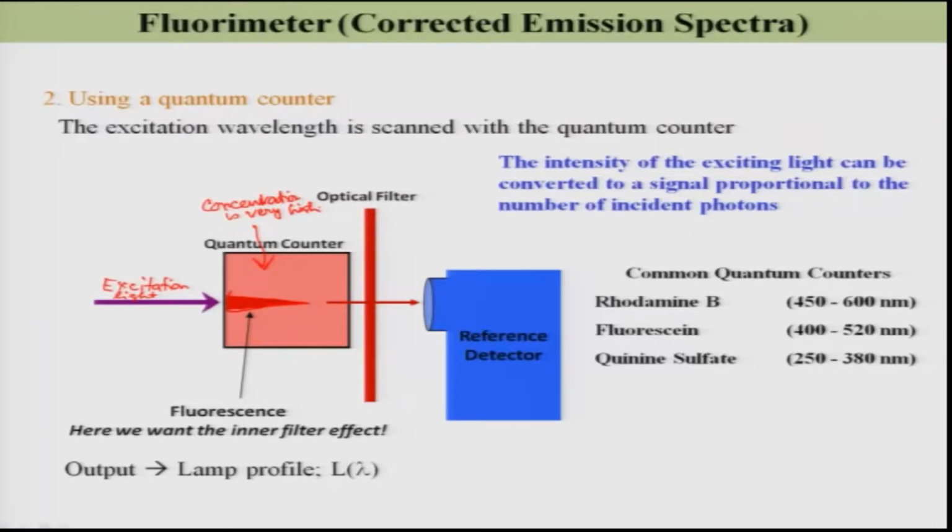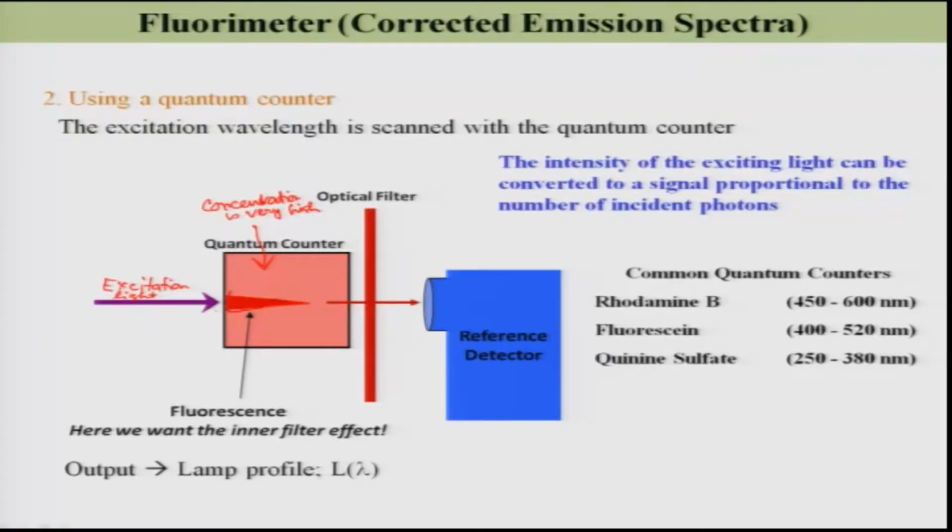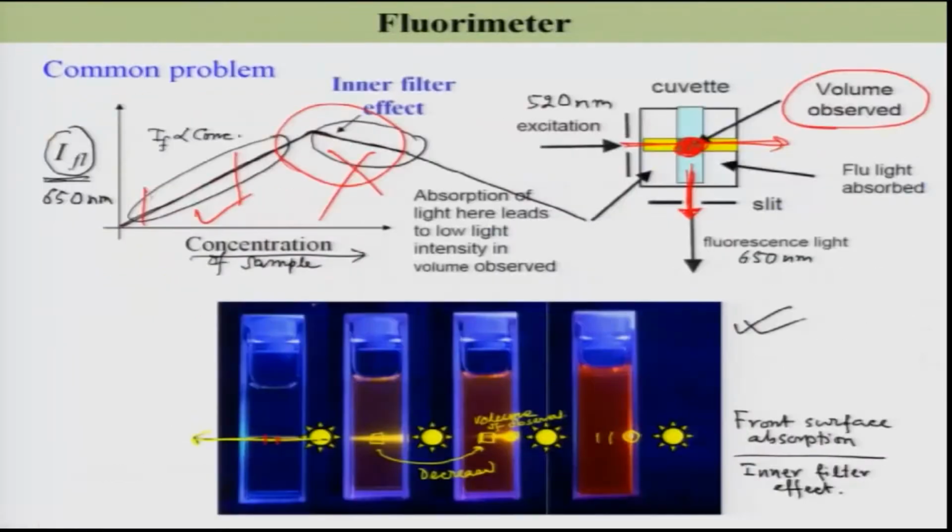And once it is absorbed, you can get the emission from the front surface. So in this case the geometry is different. Please make sure in the quantum counter case the geometry is not like this; the geometry is different.